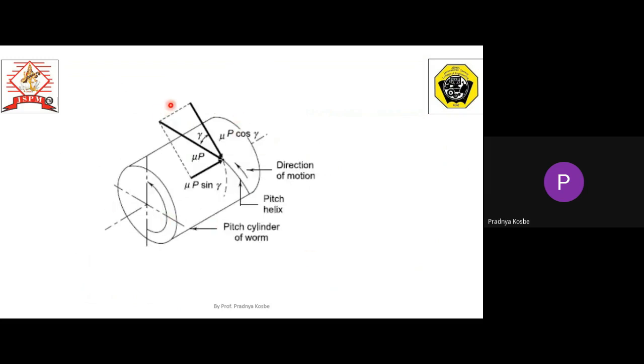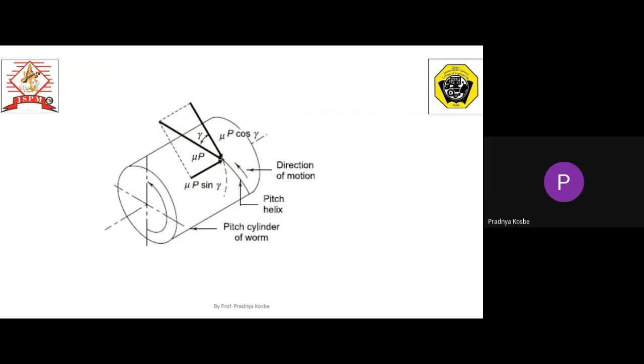You can see mu P is the frictional force acting at the pitch point. Let us consider this is the pitch of the helix. Then when I resolve this into two components, it is mu P cos gamma, and this will be mu P sin gamma.